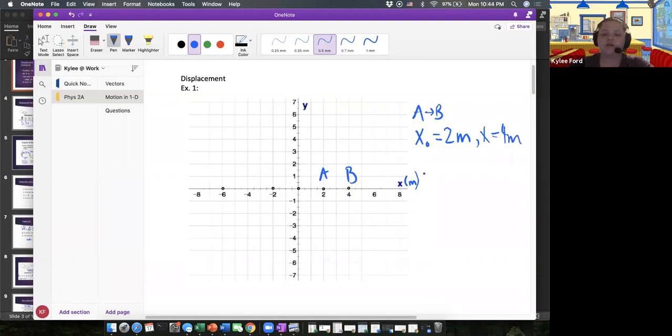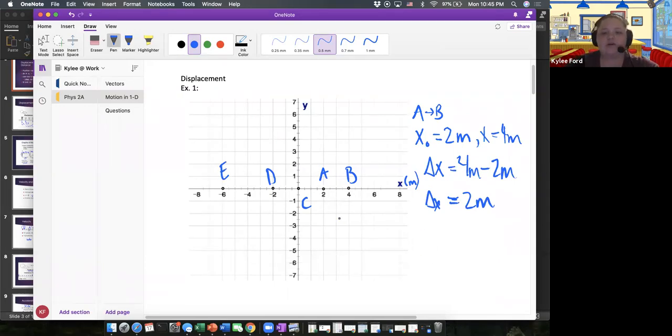So calculating my displacement, I will get my final, which is 4 meters, minus my initial 2 meters. So this car traveled 2 meters, not very far. And I can do the same thing if I say that this is point C, D, and E, okay?